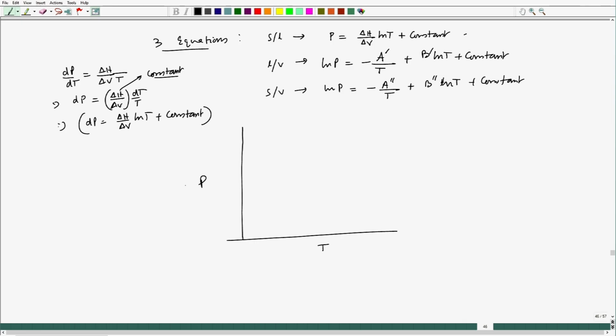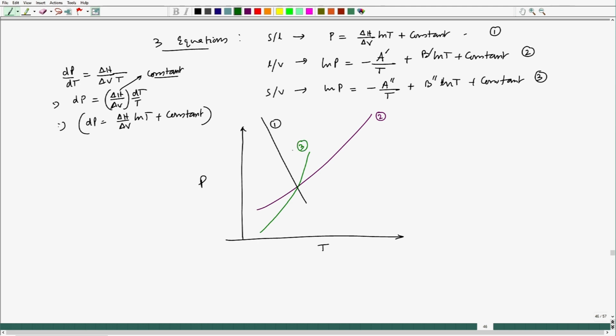Temperature and pressure. The first plot is equation 1, the second one is this, and the third one would be like this.